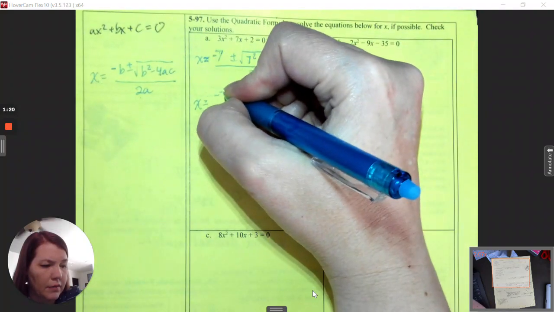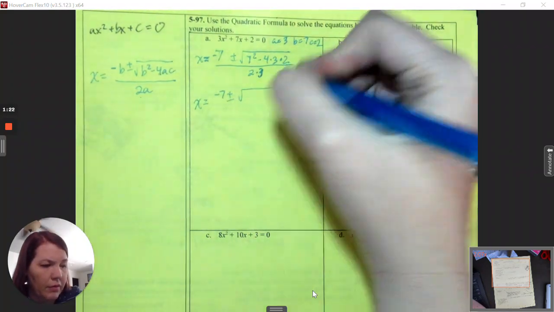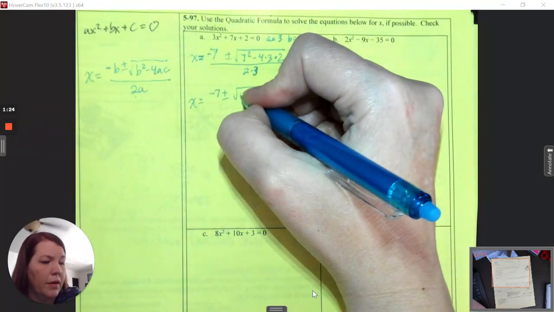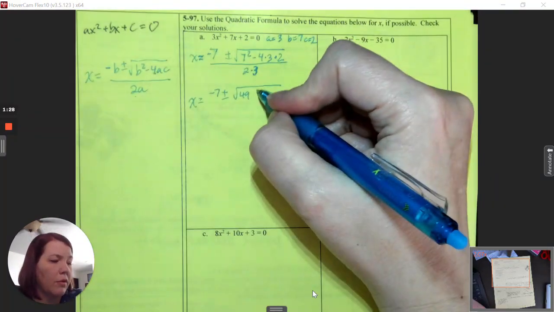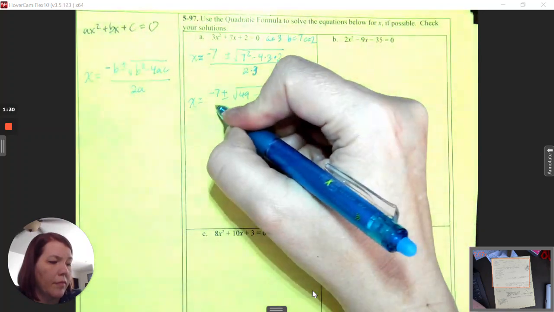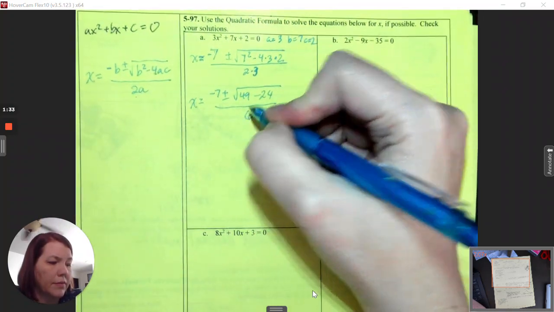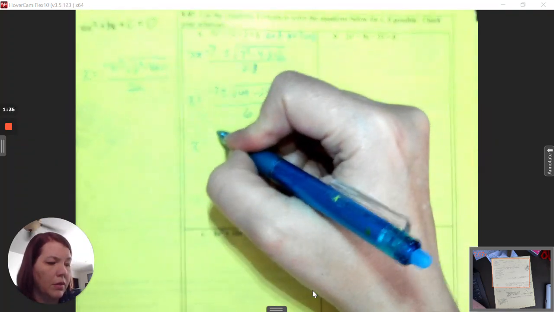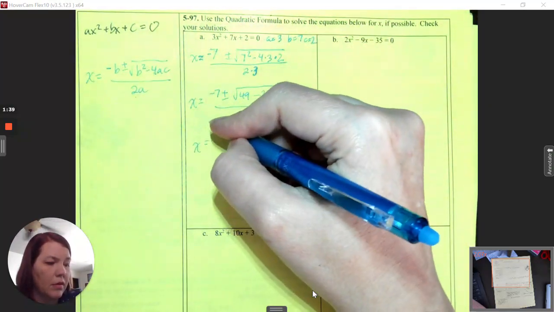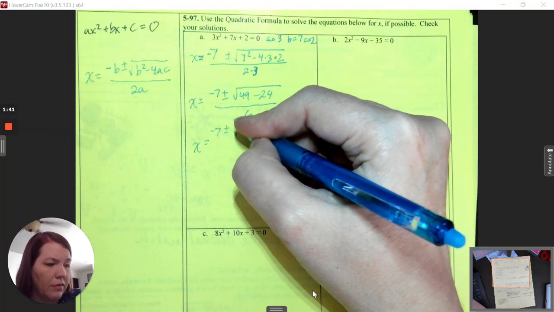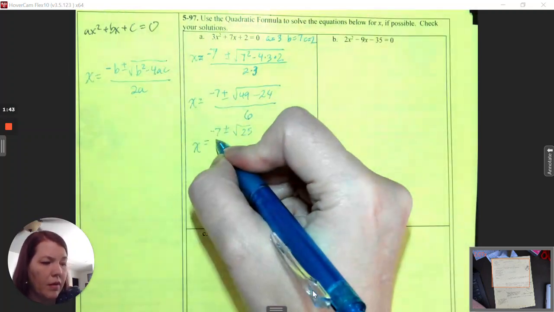X equals negative 7 plus or minus the square root of 7 squared is 49. 4 times 3 times 2 is 4 times 6, which is 24. All over 6. X equals negative 7 plus or minus radical 25 all over 6.